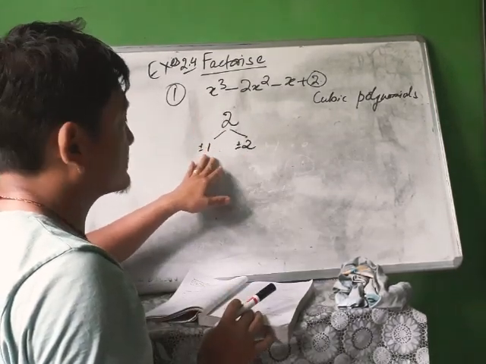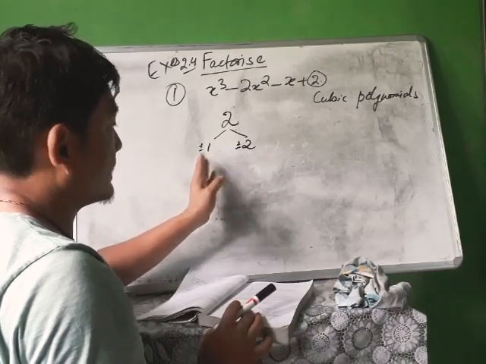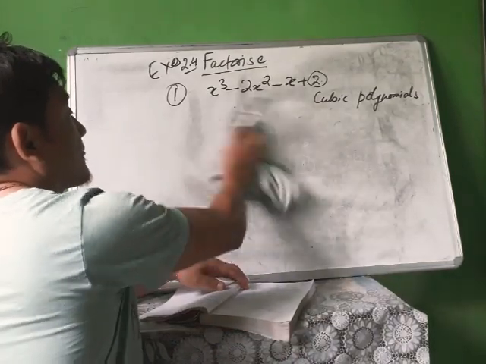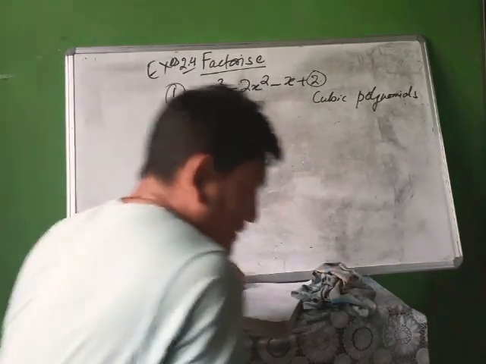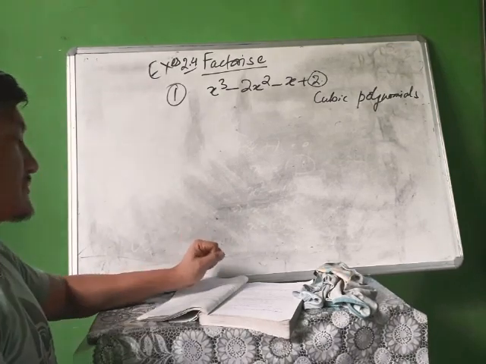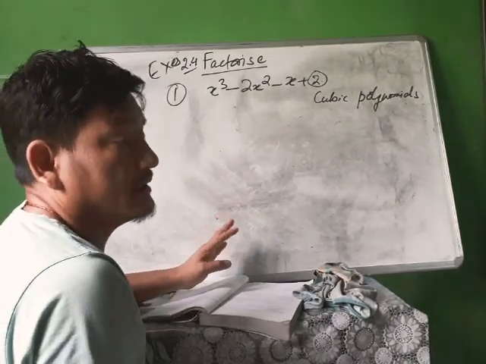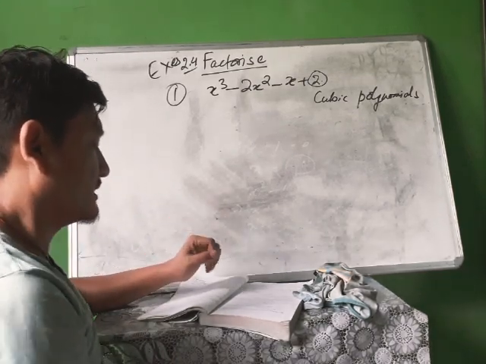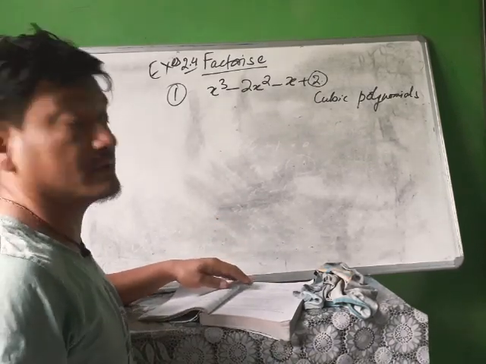So we will be using these two factors, 1 and 2: plus minus 1, plus minus 2. How are you going to do this? Some of the questions you have done earlier involved the factor theorem and remainder theorem, which are already given in the book. You can check how the remainder theorem and factor theorem have been done in your book.